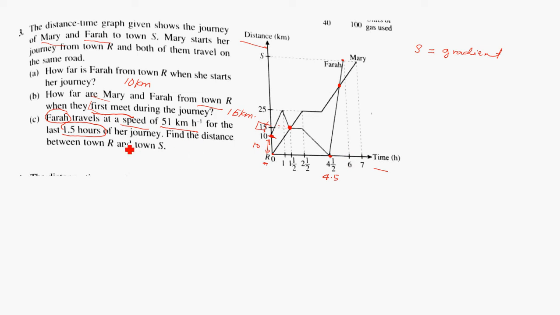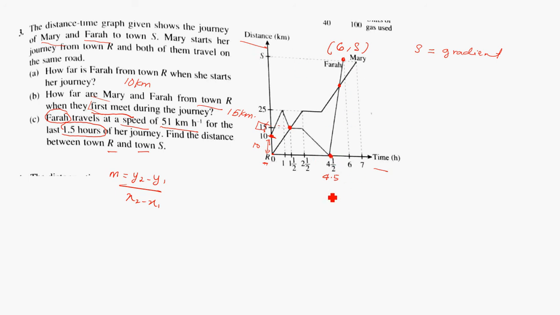So find the distance between R and S. Because you know the gradient is 51. Remember, speed is equal to gradient, so this is the value of speed, which is actually the gradient. Gradient equals y2 minus y1 over x2 minus x1. This point is 6, s. We don't know s, but we know the 6 here. The time is 6, the distance we don't know.